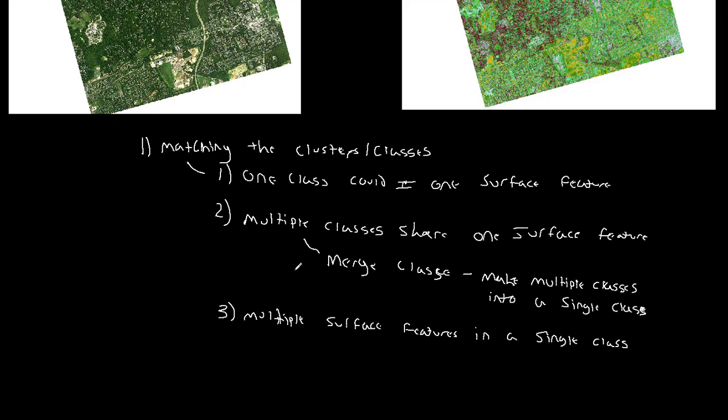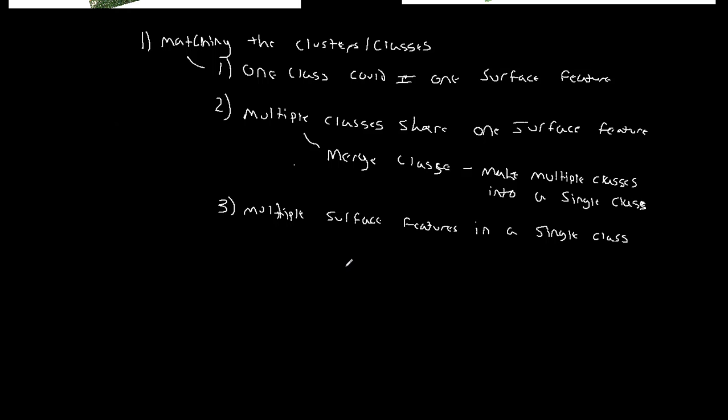Well, if multiple surface features, in this case the manicured landscapes and also some of the forested areas, are in the same class, we have two choices we can make from here. The first is we can reconceptualize our surface features.